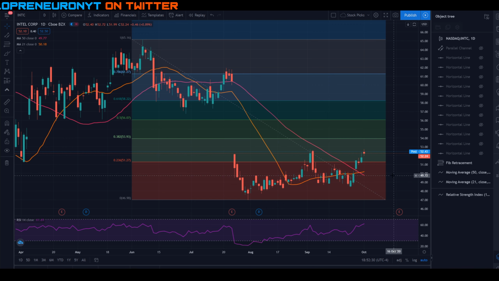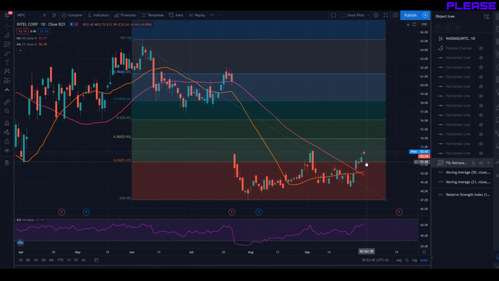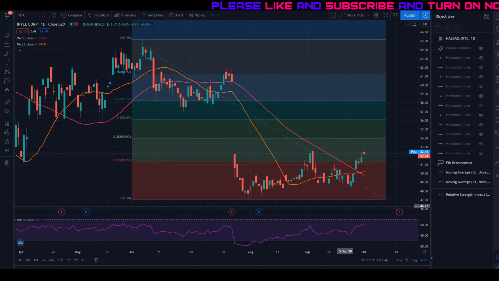I really like what I'm seeing so far on Intel with the moving averages and with it breaking above this 23.6% Fibonacci level. So my prediction, again, none of this is financial advice, is that in the next few trading days I would be looking at some green days or some higher share prices in Intel. But let's try to identify areas of resistance and support.